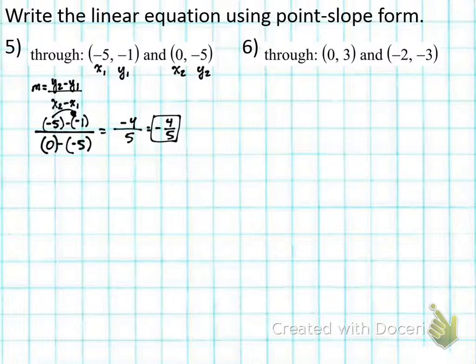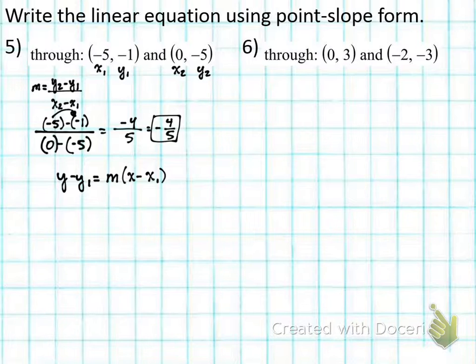Now that we have the slope, and we have our point, let's plug it in, okay? So we got y minus y1 is equal to m times x minus x1. Please write this line down for me. We're doing this together. Okay? So now we're plugging it in.